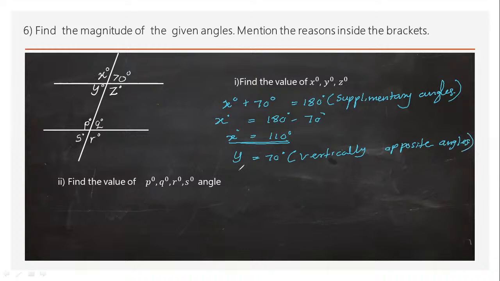And x equals z. That is also vertically opposite. So we have to find the z here. z equals 110. Now we got the values for x, y, z.